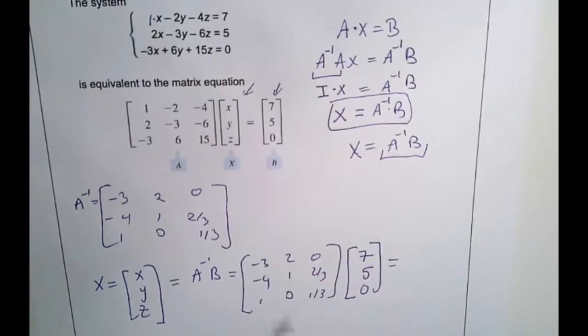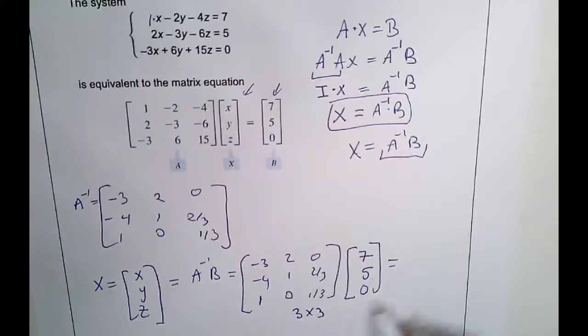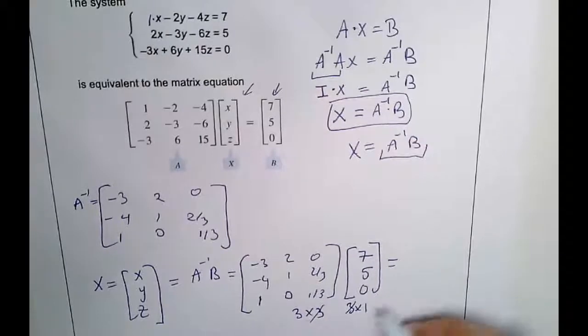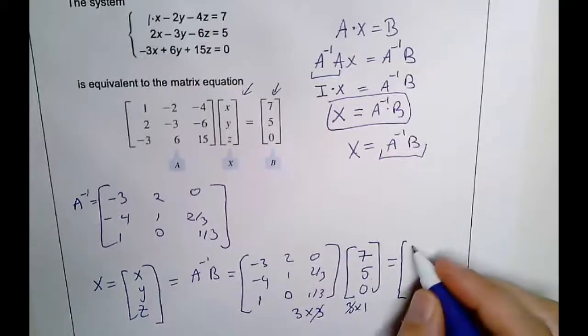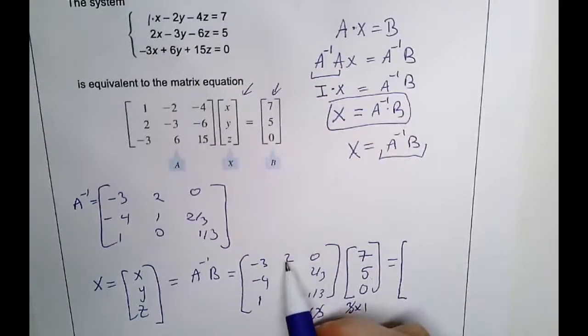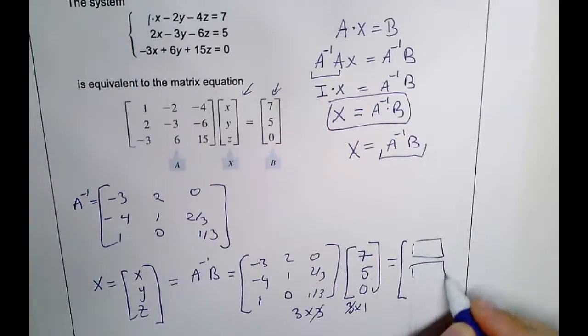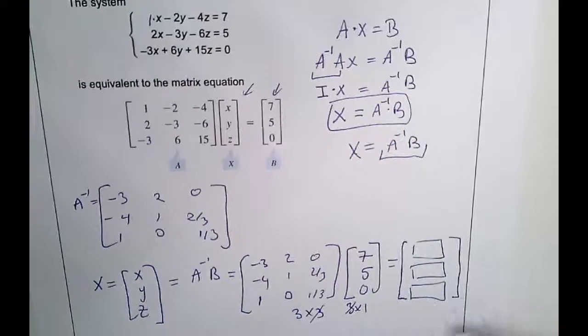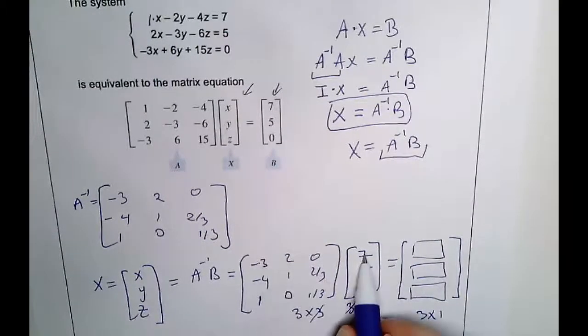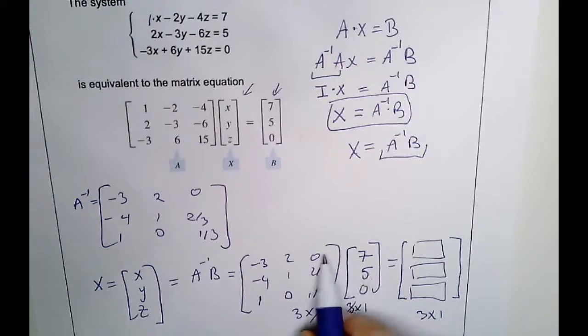So this is a legitimate matrix multiplication because this is a 3 by 3 and this is a 3 by 1. So the result is going to be a 3 by 1. I'm going to have just 3 entries, 3 rows, 1 column. So negative 3 times 7, that's negative 21, plus 10, and then plus 0.